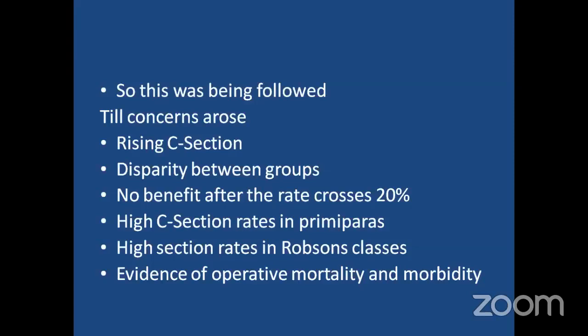So as a result of this partogram, or rather when we very rigidly followed this partogram, these were the concerns that came up, and that is what I showed you in my previous slides. So what to do now?